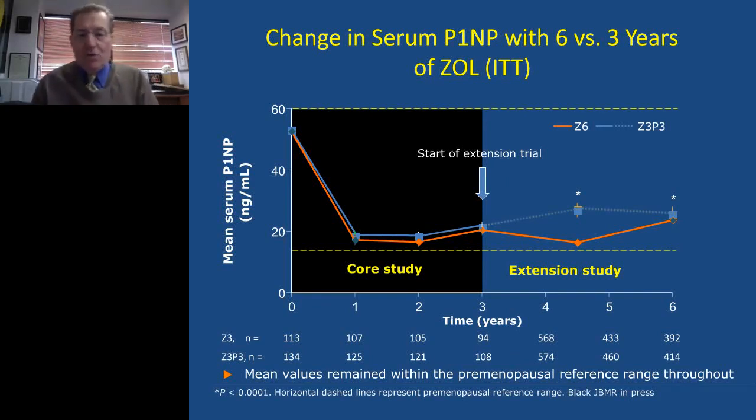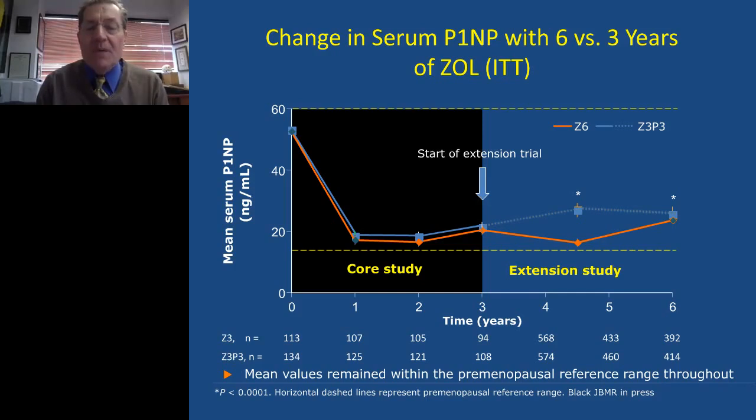Similarly, in the HORIZON trials, the zoledronic acid trials, the patients that got in the core study 3 years of zoledronic acid, then a group were either given 3 more doses, so they're called the Z6, the one in the orange. They got 6 doses of annual 5 milligram zoledronic acid, and a group that had been on for 3 years were taken off, the so-called Z3P3. This is the change in the P1NP.